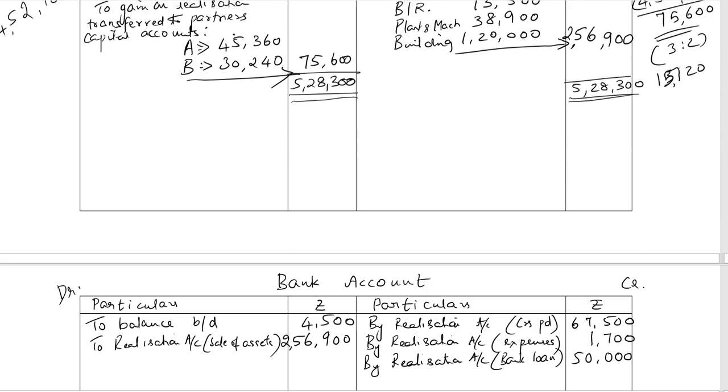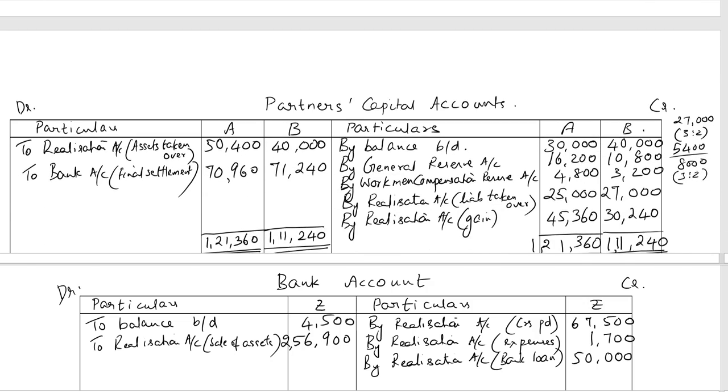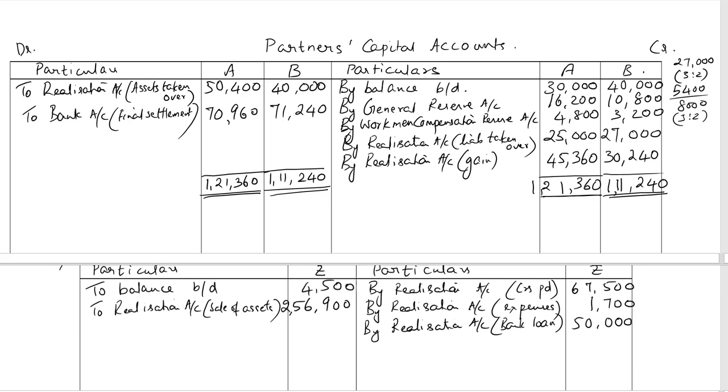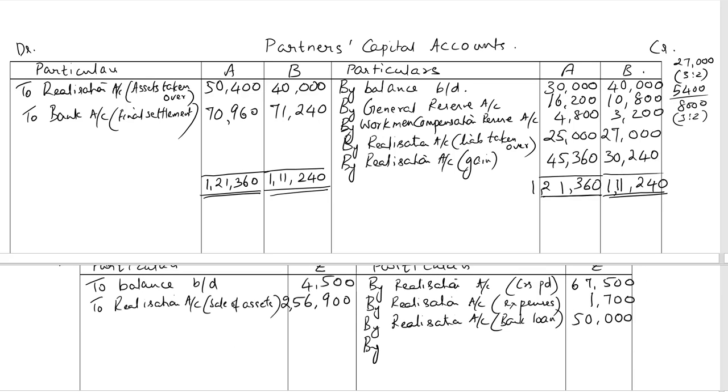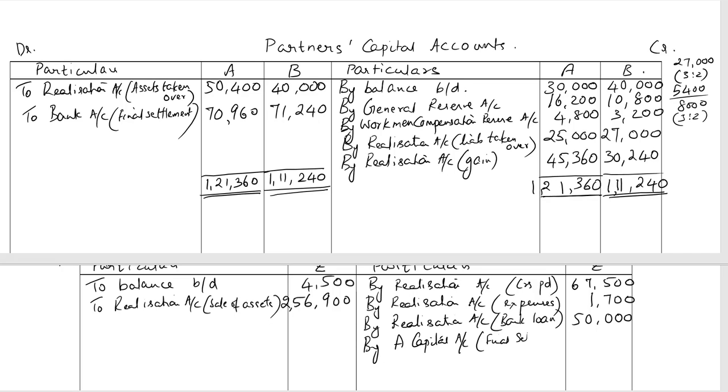Let's go on to the partners' capital accounts to get the amount of the final settlement. By A capital account, for the final settlement, ₹70,960. And in the case of B, by B's capital account for the final settlement, 71,240 rupees.